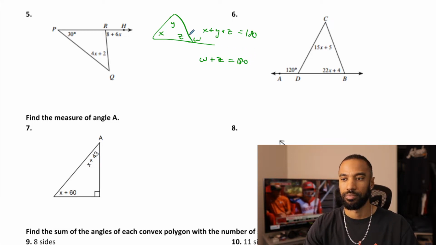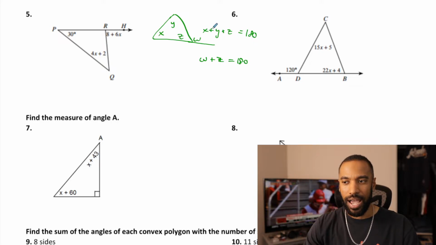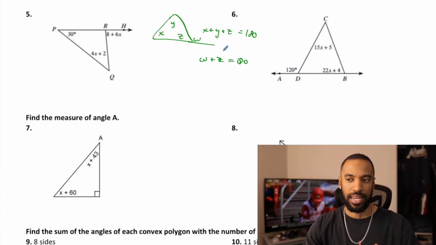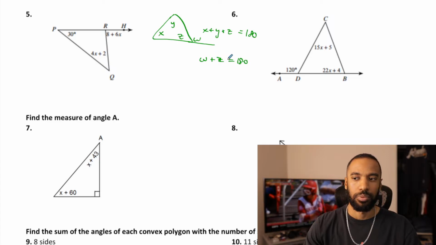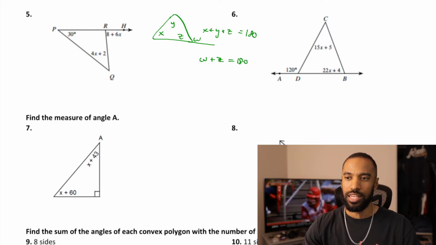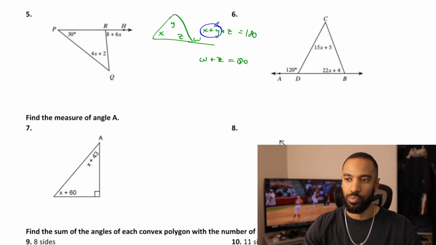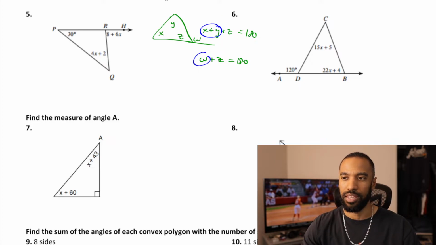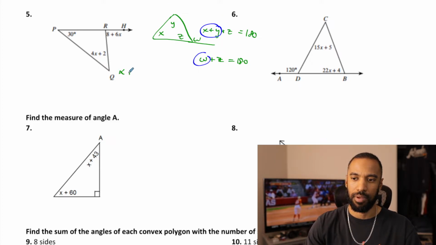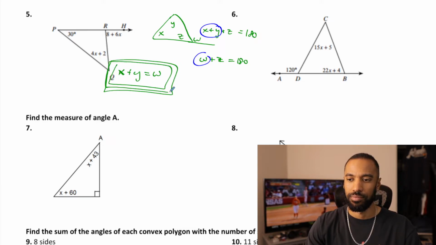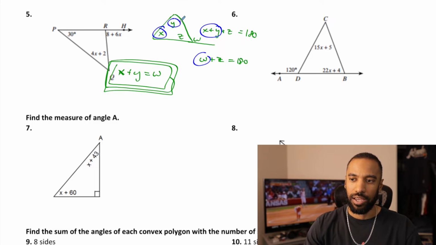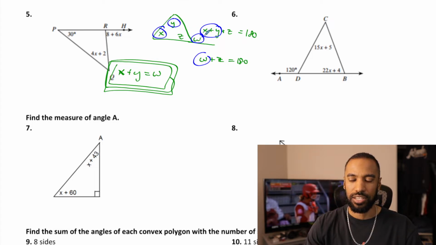Well, if x plus y plus z is 180, and if w plus z is 180, these two things seem to be able to add with z to get 180. What does that mean? Must mean those two things are the same. x plus y seems to equal w. Well, what are we talking about there? x plus y equals w. This is two interior angles and a remote exterior angle.